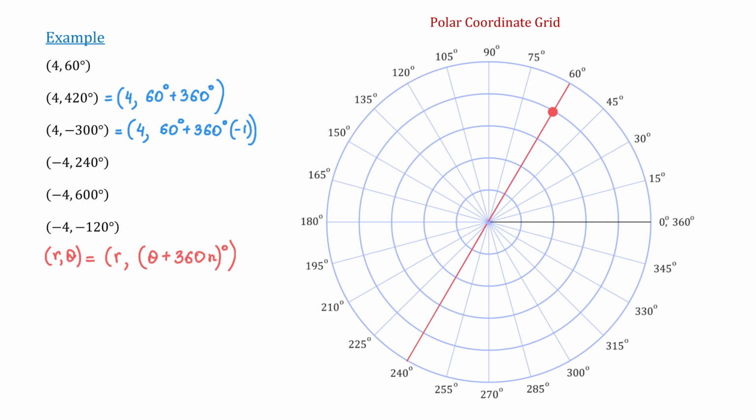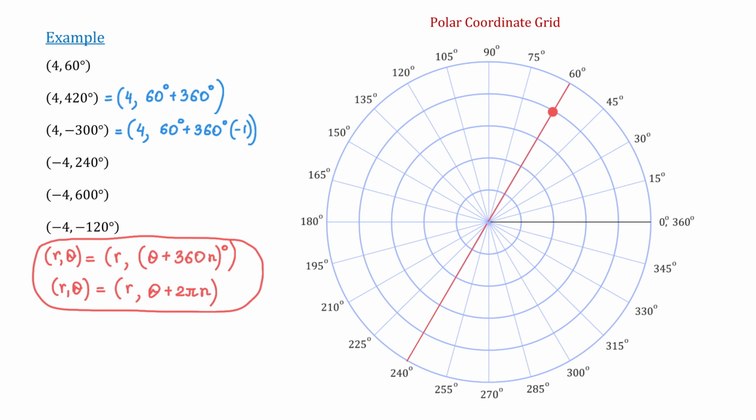Now in radians, this formula is r, theta equals r, and theta plus 2 pi n. So 2 pi in radians is the same as 360 degrees. Now let's see another method of finding more representations for the same point r and theta.